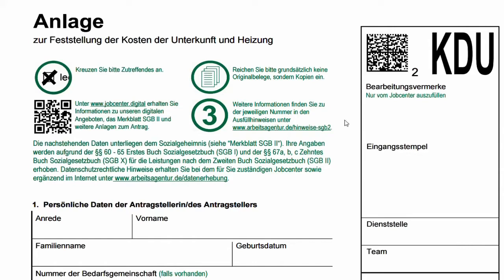But the other side, the right side, is actually for Job Center employees, and they have to fill it in. So you do not have to write anything on this side till the end of this application. The first part of this form is about the personal information of the applicant.